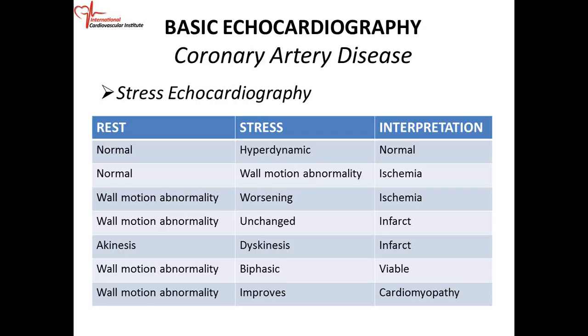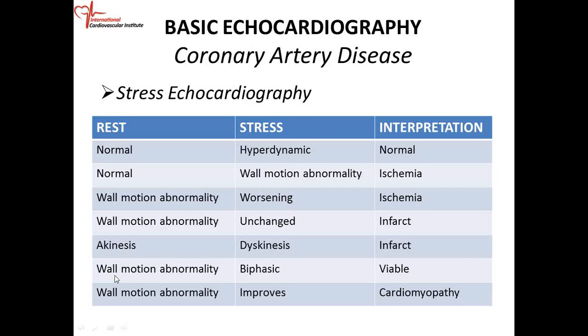Because remember, dead muscle is not going to contract. So if you look at the muscle and it is now thickening a little bit more, the reason why is because you have viable living muscle inside that area. That's the only reason why it's going to increase thickening or increase ejection fraction. And that is what we call the biphasic response.